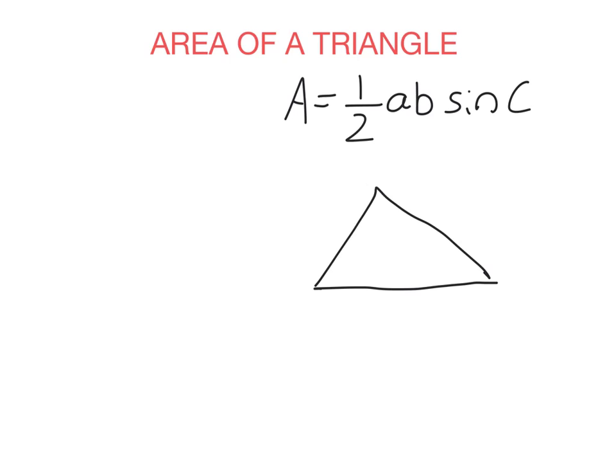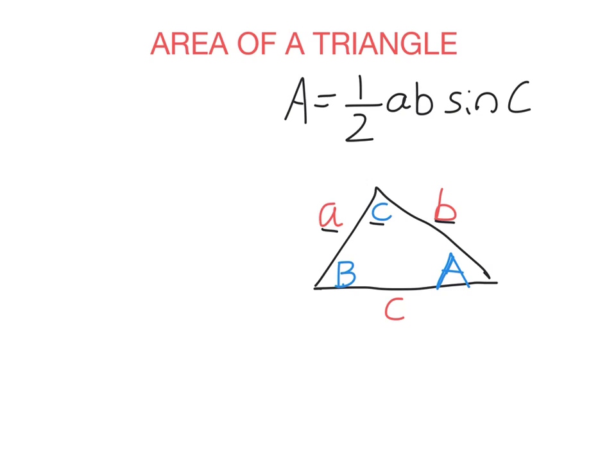So we can call this side a, this side b, and this side c, and then the angles, which we usually write with capital letters, are big A, big B, and big C. To find the area of this triangle, I need to know a, b, and angle C. So I need to know two sides and the angle between them.